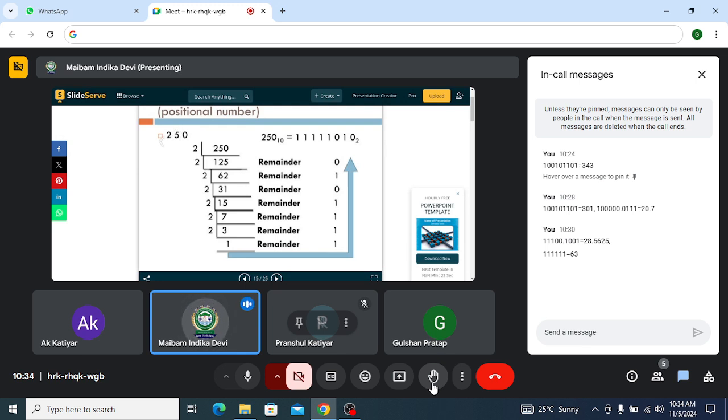When we convert a fractional part, the direction of writing the remainder will be different. So pay attention: for the non-fractional part, you take the remainder and write it from bottom towards top.